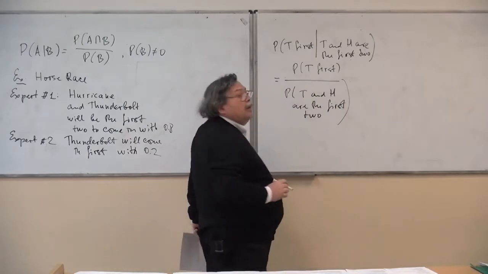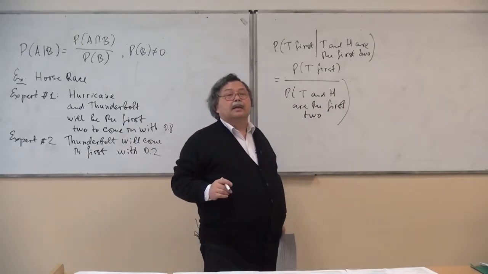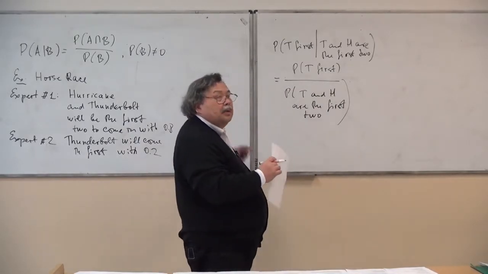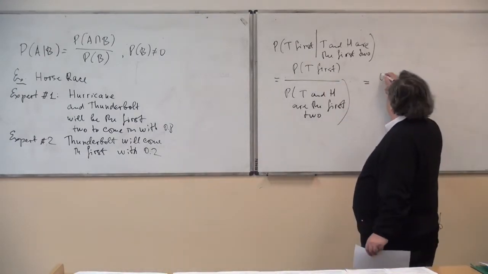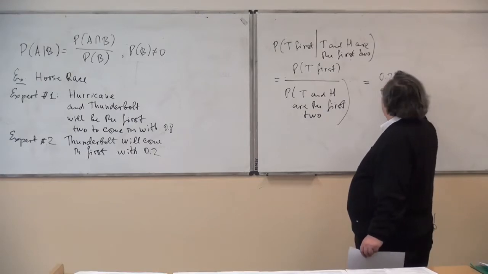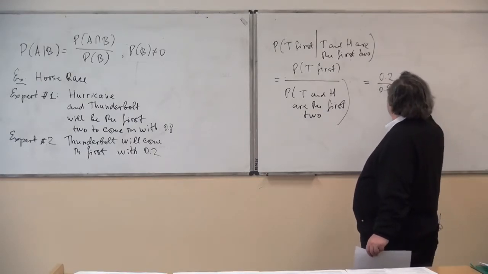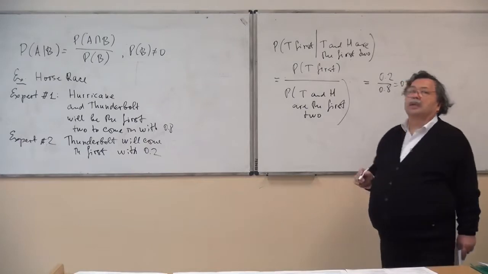Okay? And we have exactly these probabilities. It's 0.2 divided by 0.8, which is this.